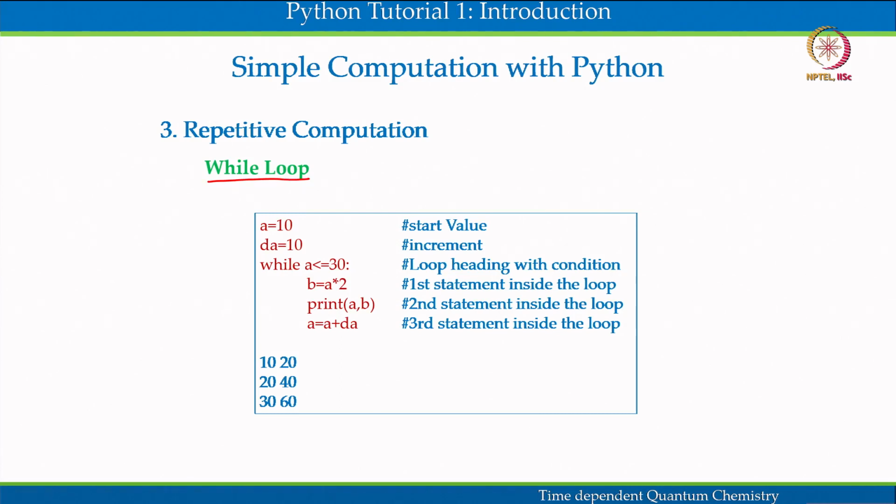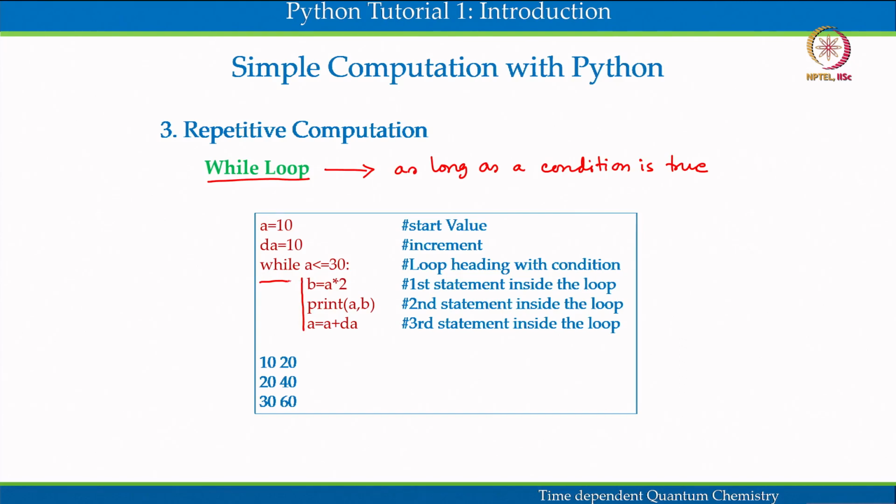A while loop is used to repeat a statement as long as a condition is true. So, it will repeat whatever is written in the loop, and in Python the statements given in the loop are indented.